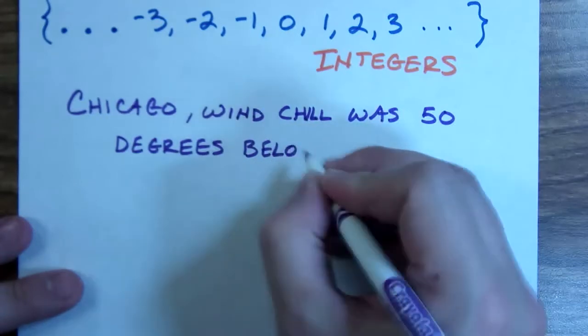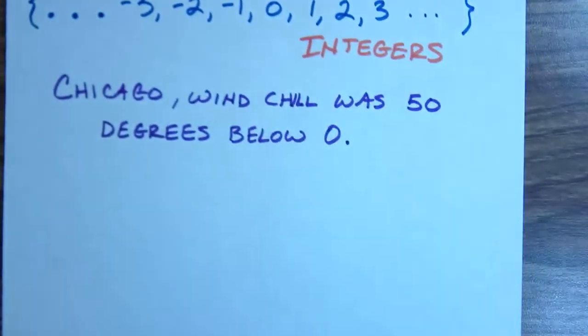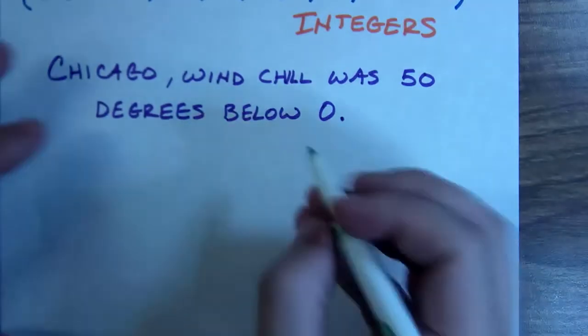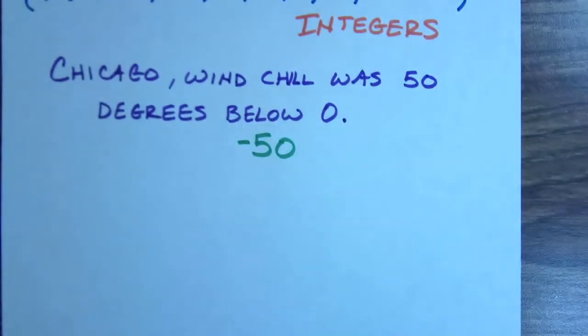In Antarctica, it was 7. So Chicago was colder than Antarctica. If I said 50 degrees below zero, what is the integer that would represent that number? Negative 50. That would be the temperature. Negative 50 Fahrenheit, because this is America.